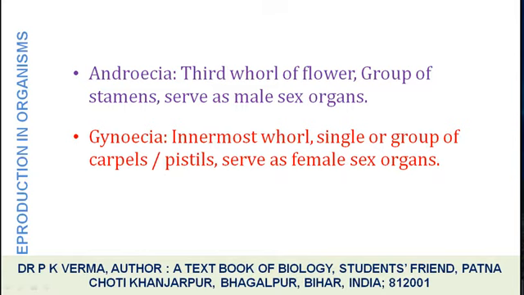There are many flowers which are unisexual, having either an androecium or a gynoecium. In monocots, there are flowers in which calyx and corolla are not differentiated.